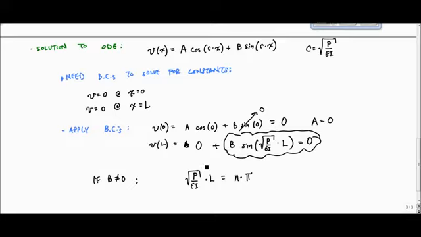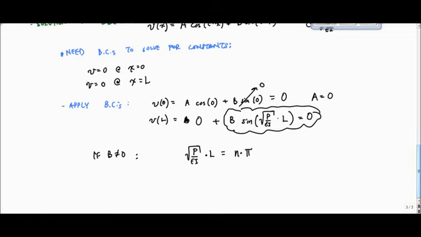And what this says is that now if I solve for P from here, I get that P is equal to, let's see, n squared pi squared over L squared times EI.